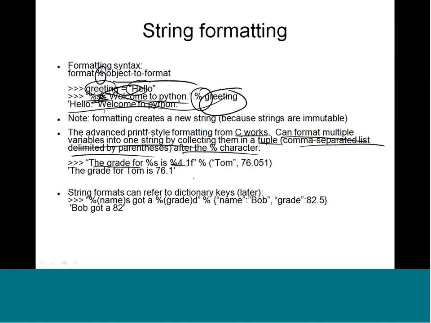It specifies Tom, and then this number gets converted using 4.1, so that is 76.1. Based on the format string it formats it. So here it's 4 digits before the decimal point and 1 after, so it formats it as 76.1. It rounds it.